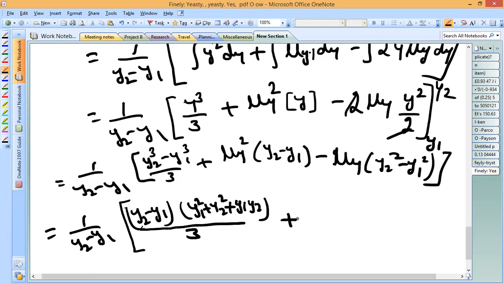And what is mu y? Mu y we have calculated. What is the equation for mu y? You can see here, (y1 plus y2) divided by 2. That you can substitute.